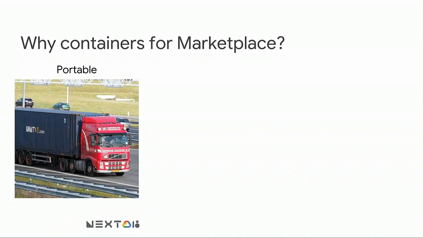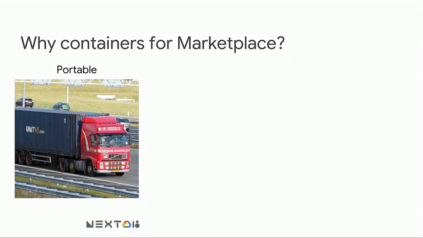So first of all, we all know that containers are portable. So if you find a virtual machine image from our marketplace, and then you try and install it on-prem, you're probably going to have a hard time with that. But that's exactly what containers would allow you to do. And similarly for Kubernetes, like I mentioned, when you're building an application for Kubernetes, you don't need to worry necessarily about where the application is going to be running at the end of the day.